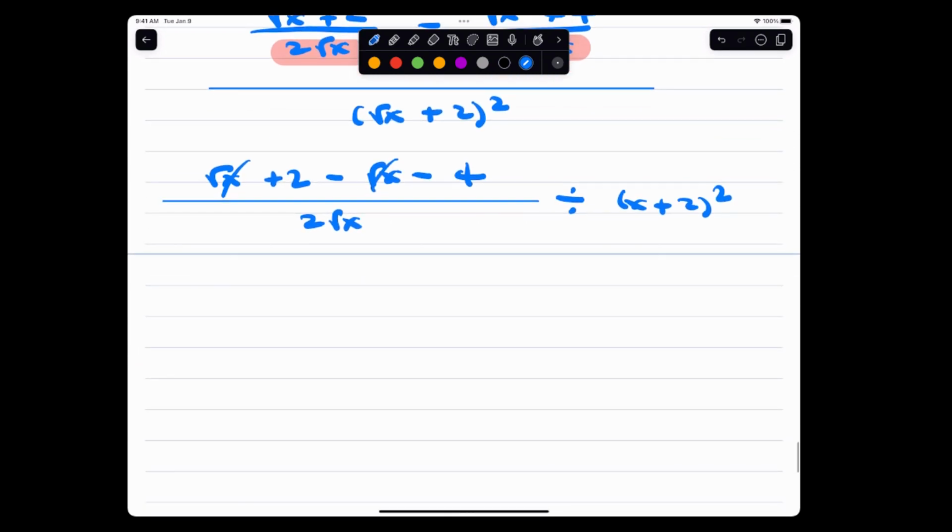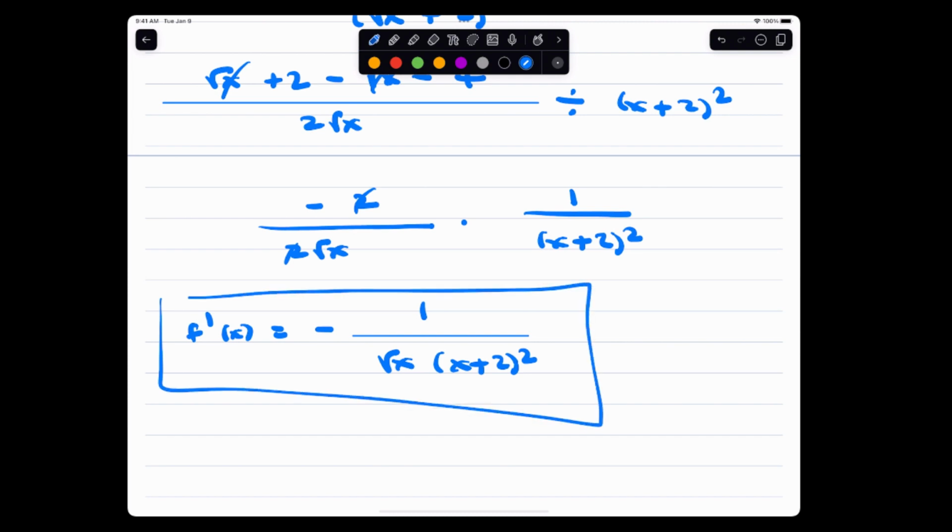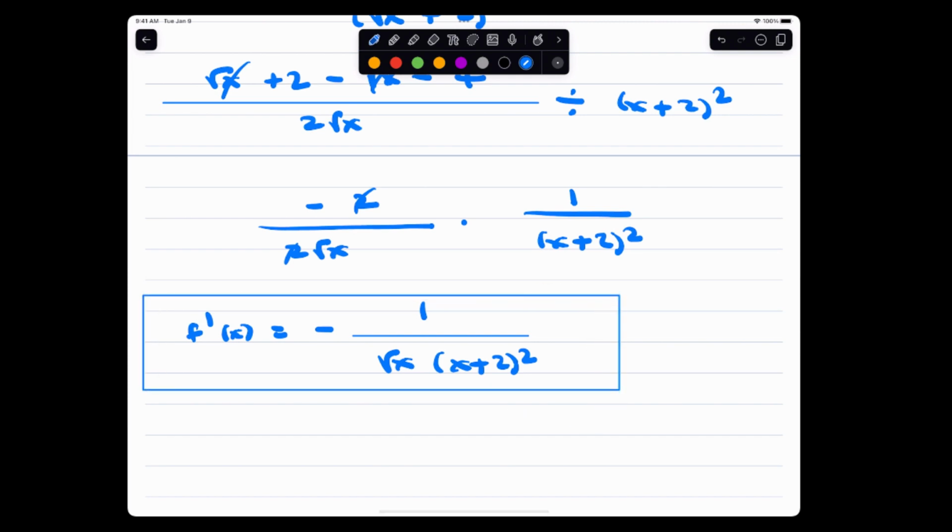So it looks like we get negative 2 over 2 square root of x, now times 1 over x plus 2 squared. Okay, so this cancels, so we get negative. Oh. All right. Is that what the AI gave us? Yeah. Okay.